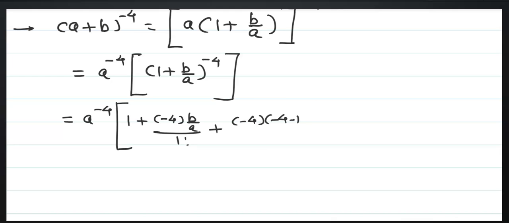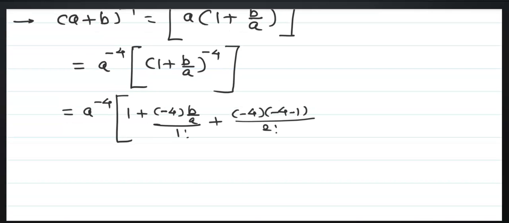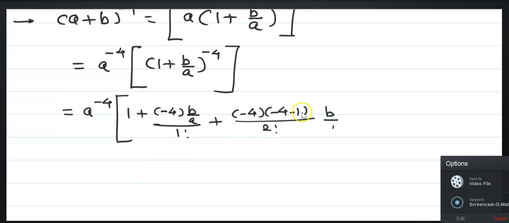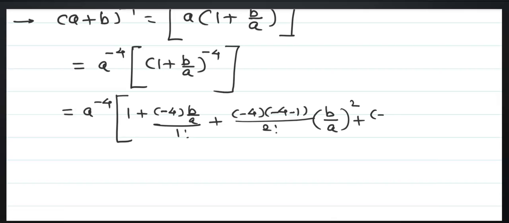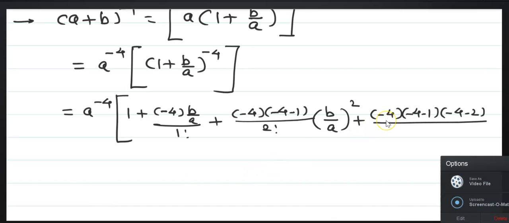Next term is minus 4 into (minus 4 minus 1) upon 2 factorial, (b upon a) square. Next is minus 4 into (minus 4 minus 1) into (minus 4 minus 2) upon 3 factorial into (b upon a) raised to 3.